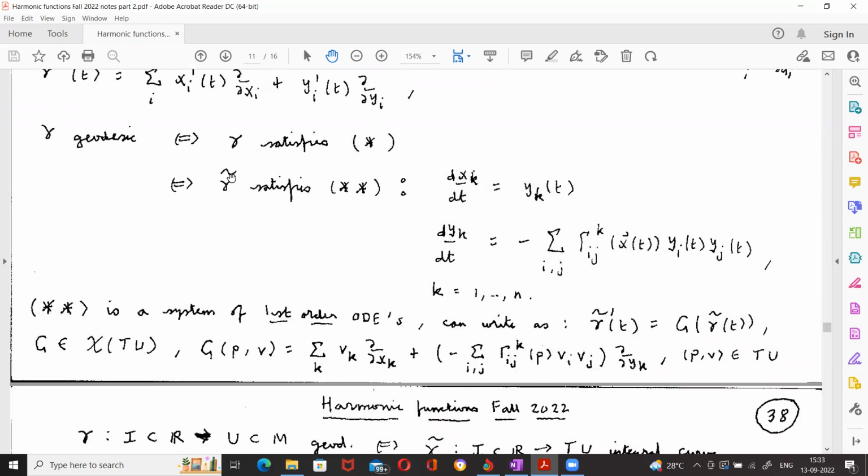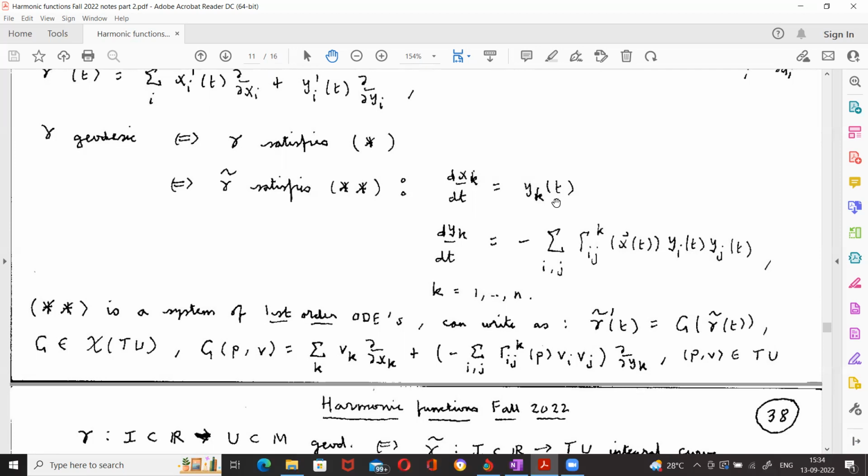For the curve gamma tilde with coordinates x1(t) to xn(t) and y1(t) to yn(t), it has to satisfy dxk/dt equal to yk(t) and dyk/dt equal to minus the sum over i,j of Gamma ij k of x(t) times yi(t) yj(t). Now this is a system of first order ODEs in the variables x1 to xn, y1 to yn.